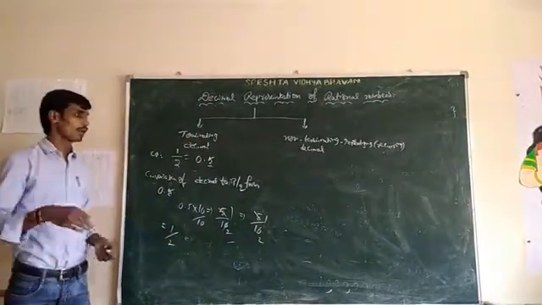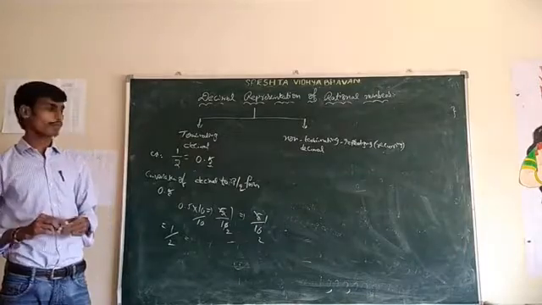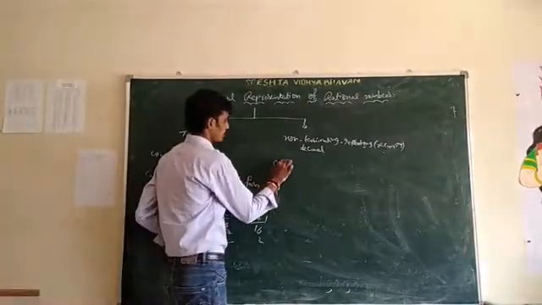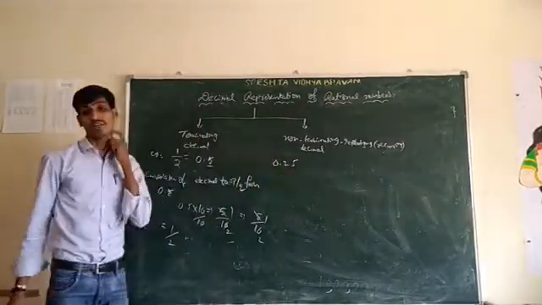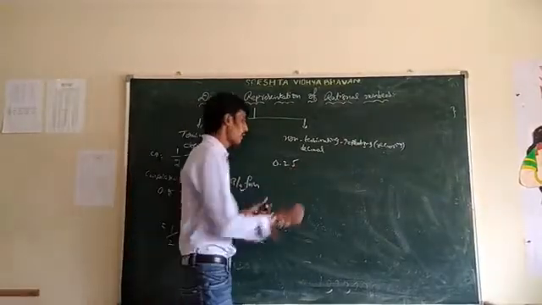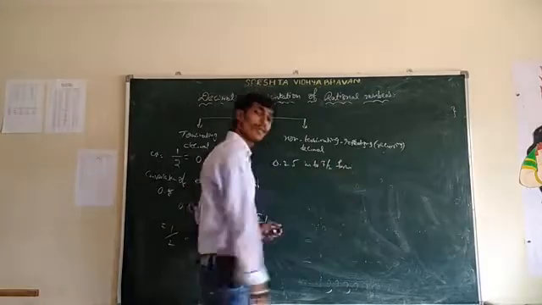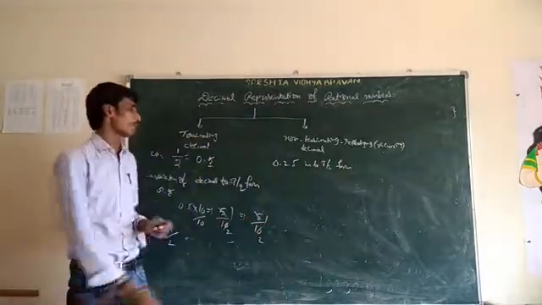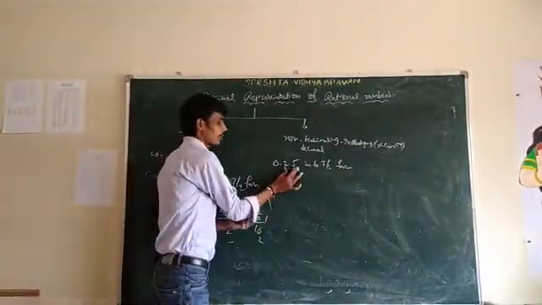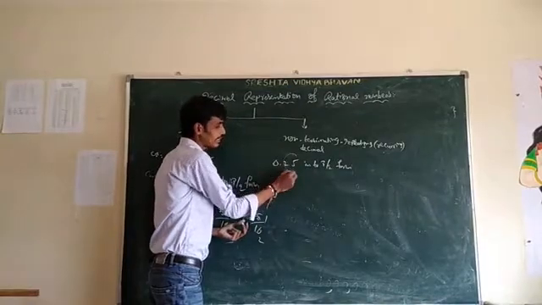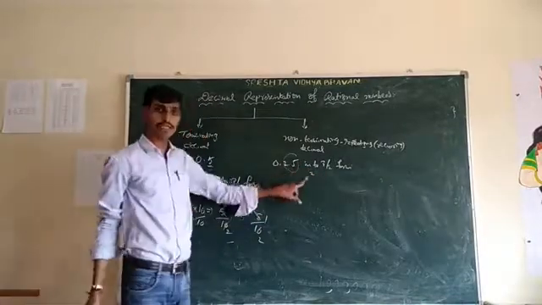For example, 0.25. How to convert 0.25 into p by q form? In the decimal part, how many digits are there? Two digits.